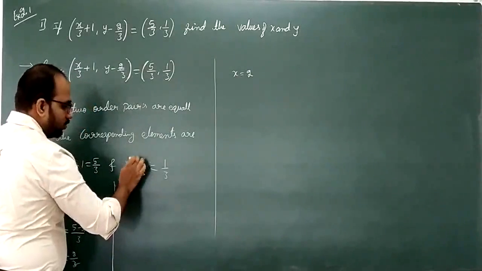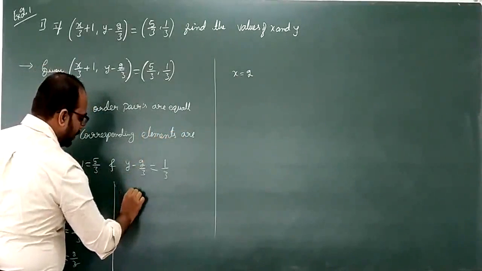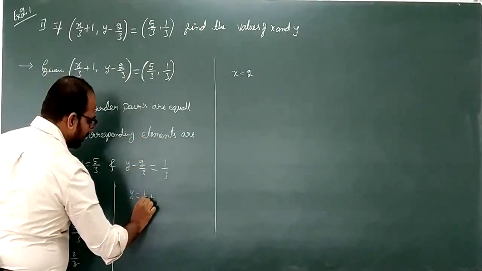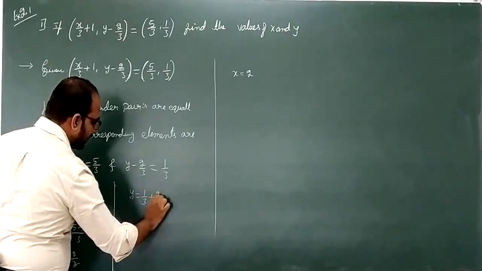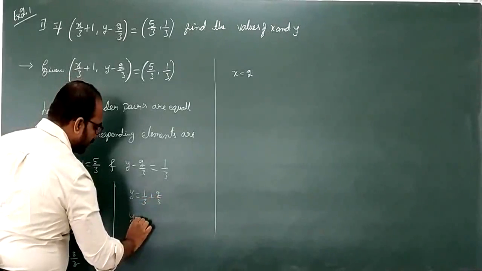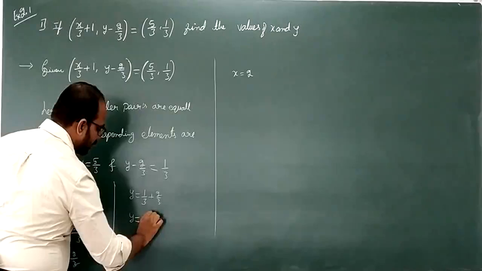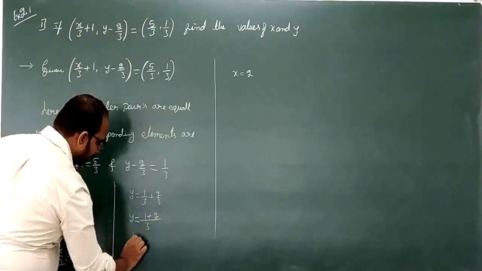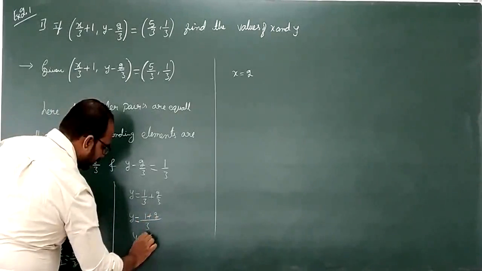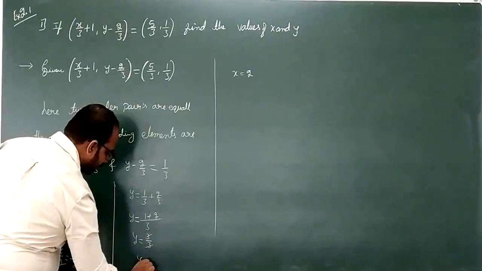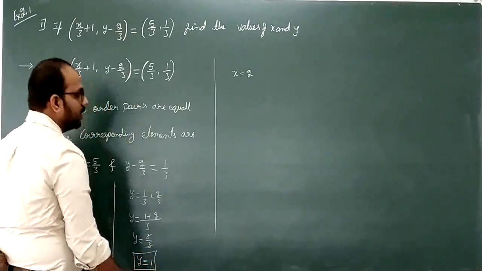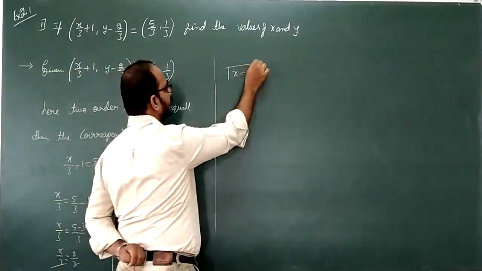Next one, if I shift the minus 2 to the right hand side, then I will get y by 3 is equal to 1 by 3 plus 2 divided by 3. Here in the denominator 3 is common. Then 1 plus 2, that is y is equal to 3 divided by 3. 3 gets cancelled. y is equal to 1, and x is equal to 2.